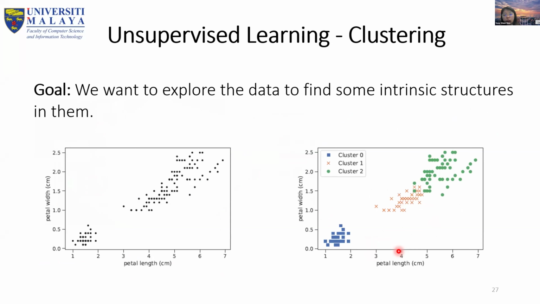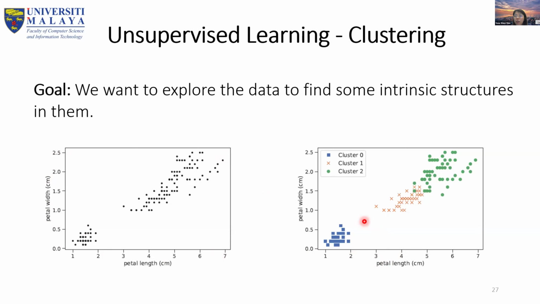For unsupervised learning, we don't have any labeling. The goal is to explore the data and find some intrinsic structures or similarity in them. For example, if you're given this dataset and asked to cluster it into 3 clusters, we will base on their characteristics and group them together.